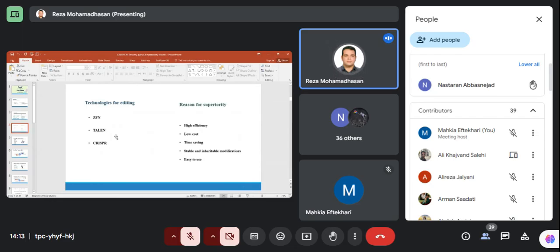The technologies for genome editing are ZFN, TALEN, CRISPR.